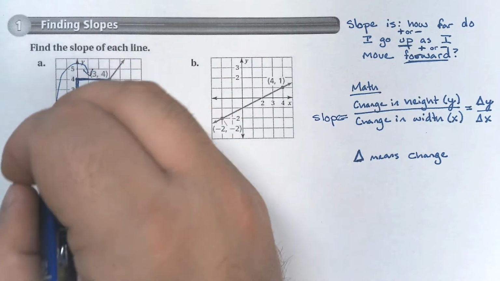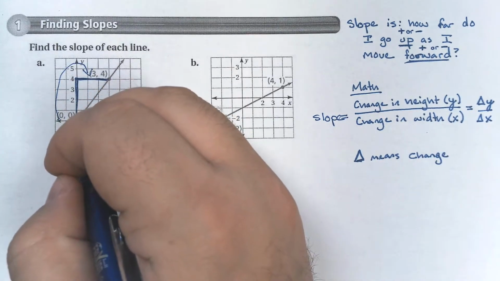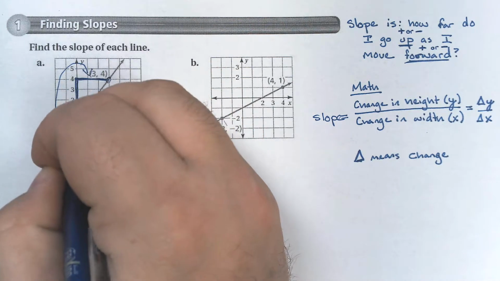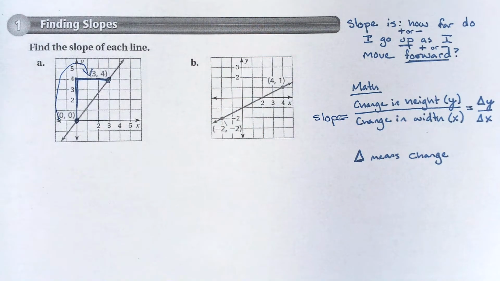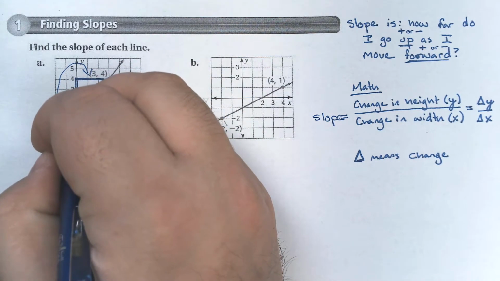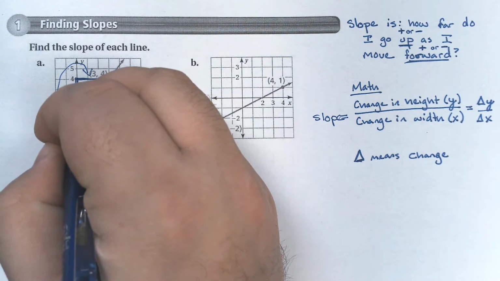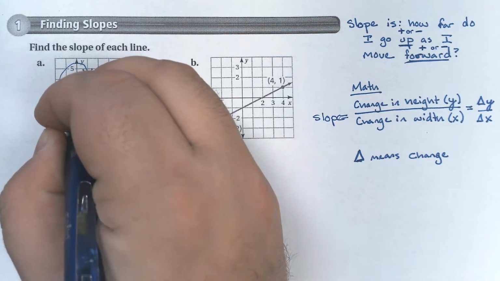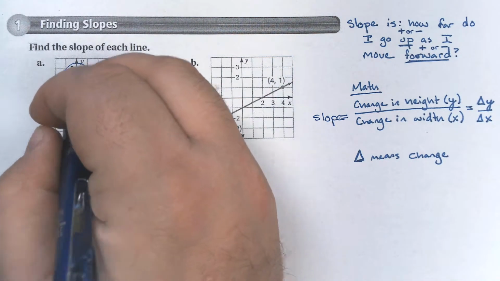Well, we don't look at the step, and the easiest way to do it is just pick 2 points. And we have one here, and that's (3, 4), and we have one here, it's (0, 0). What it's asking is how many units did we go up? Well, we just count from line to line, right? And if I do that, I find that I go up 1, 2, 3, 4 times.